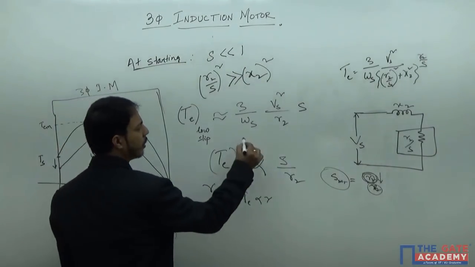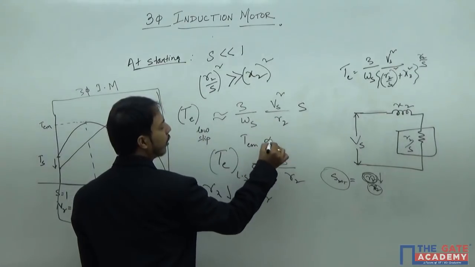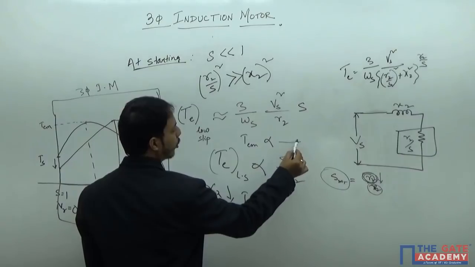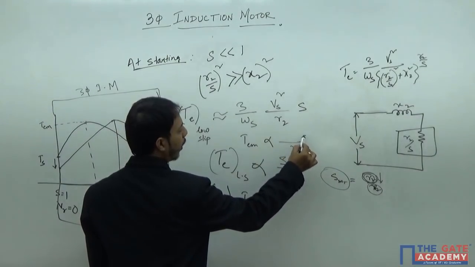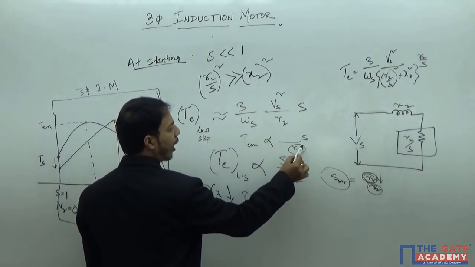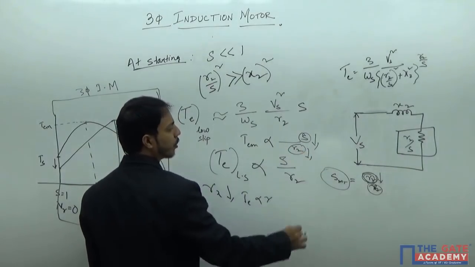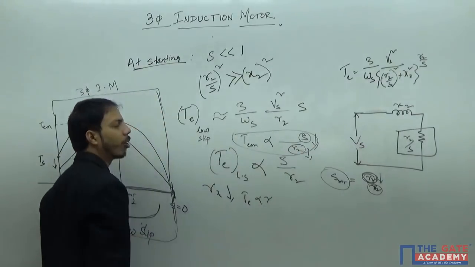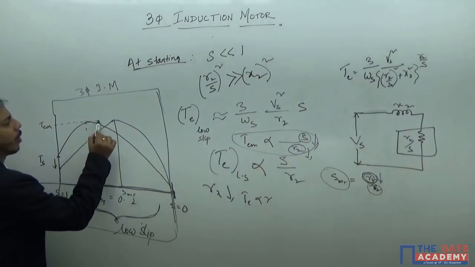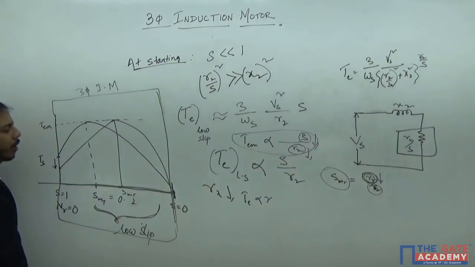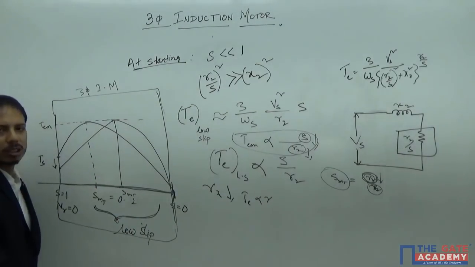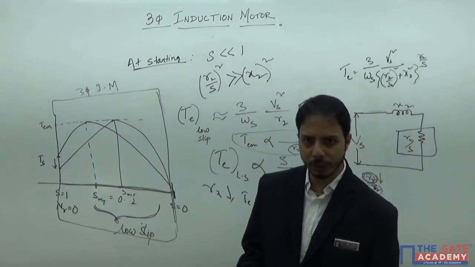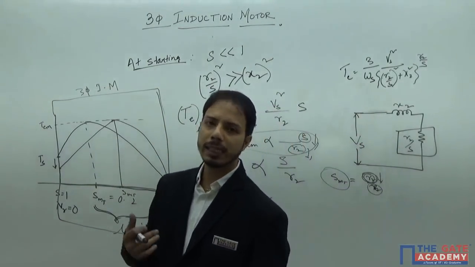Because TEM is directly proportional to R2 and S. So if R2 is reduced, slip will reduce, but the maximum torque value will not change. The slip at which it occurs will reduce if the resistance is reduced, and will increase if the resistance is increased.